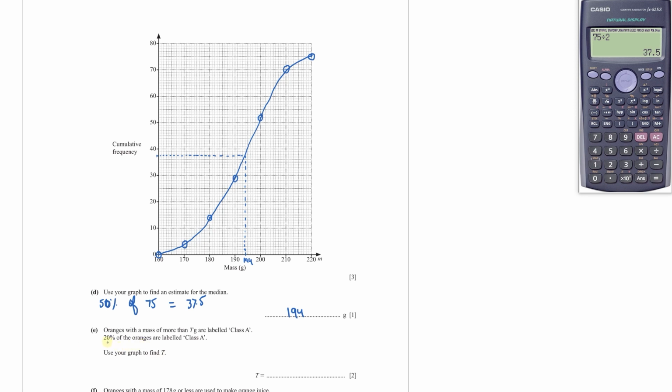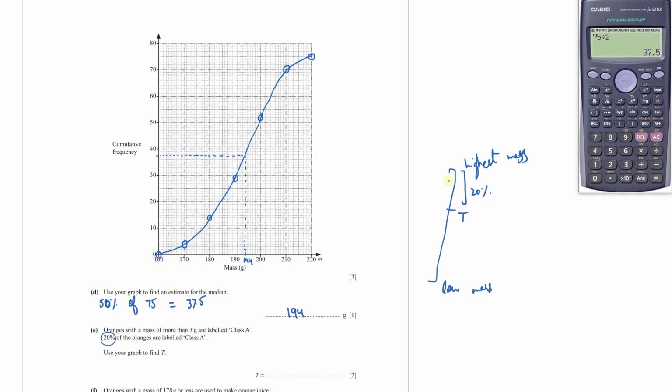So that means the 20% of oranges, if you sort them from low mass to highest mass of an orange, so the top 20% of the oranges are labeled class A, and your mass value here is some t grams, right?